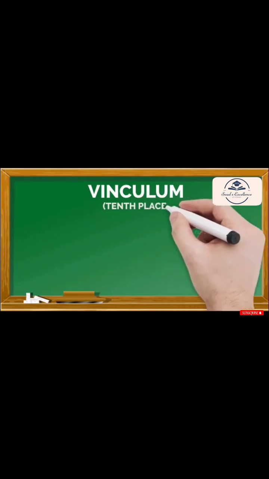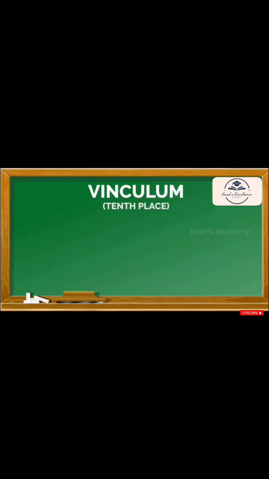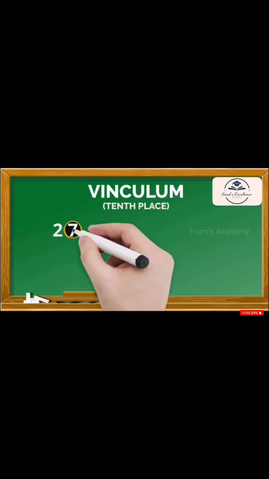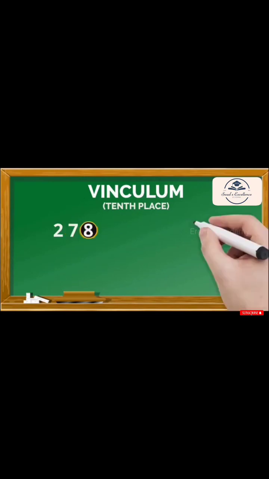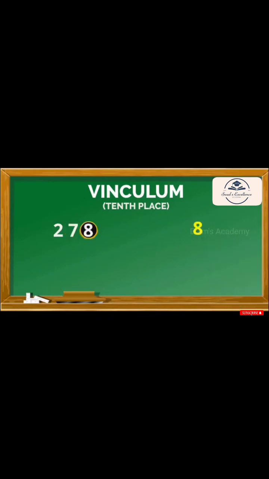Now we find vinculum at 10th place. Let's start with an example like 278. First we write the unit digit as it is, so we write 8. Then we subtract the 10's digit from 10, that is subtracting 7 from 10 equals 3.